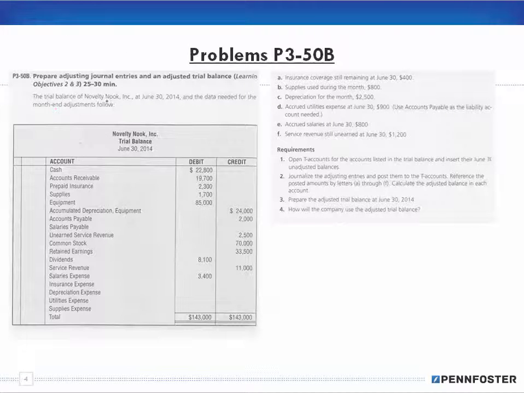So it says here the trial balance at June 30th and the data needed for the month-end adjustments follows. Okay, so this here is an unadjusted trial balance. Here are the adjusting entries, and it says open T accounts for the accounts listed in the trial balance and insert their June 30th unadjusted balances.